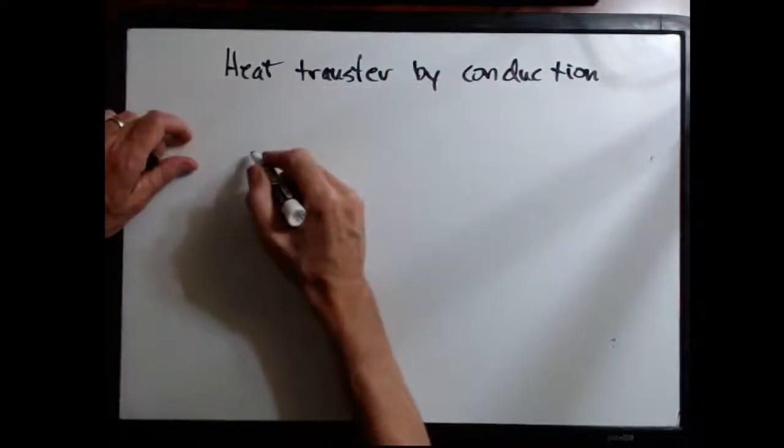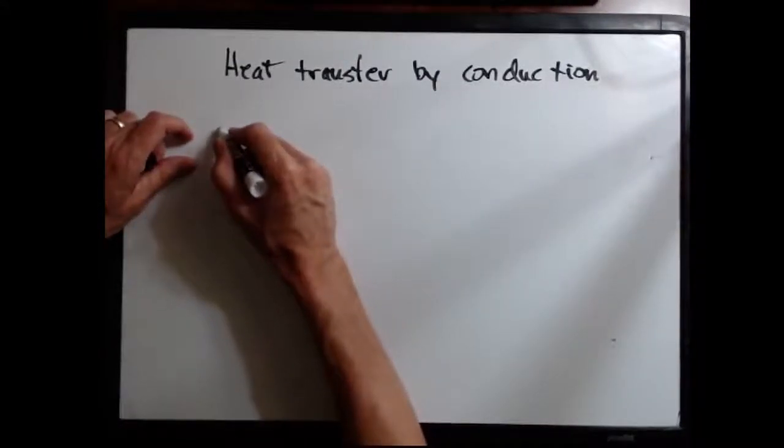So heat transfer by conduction. And so that's where you have something hot next to something cold. Oops, I lost my signal again. That's what happens when I erase. There we go.